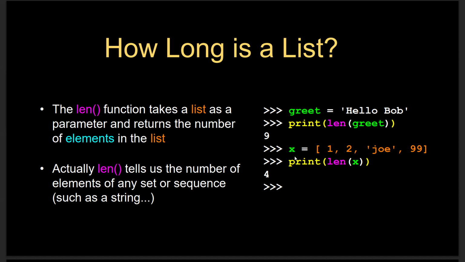Coming to the list, see 1, 2, 0, 99. If I want to know the length of the list, I am using this length function. I am passing this x variable as a parameter.